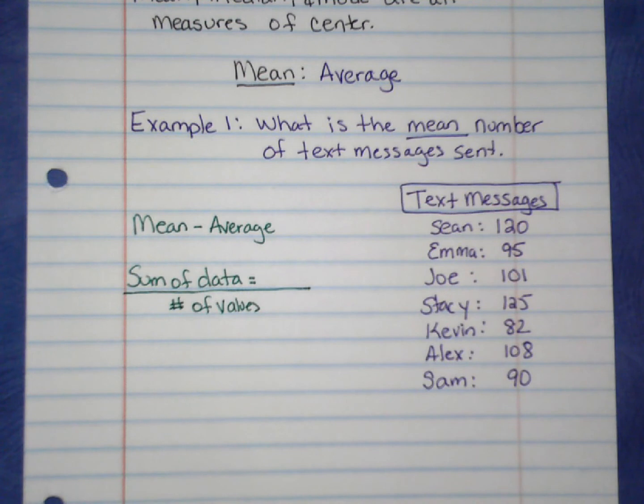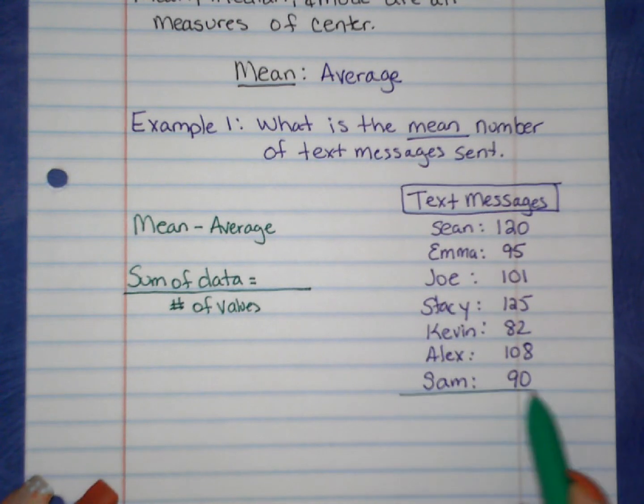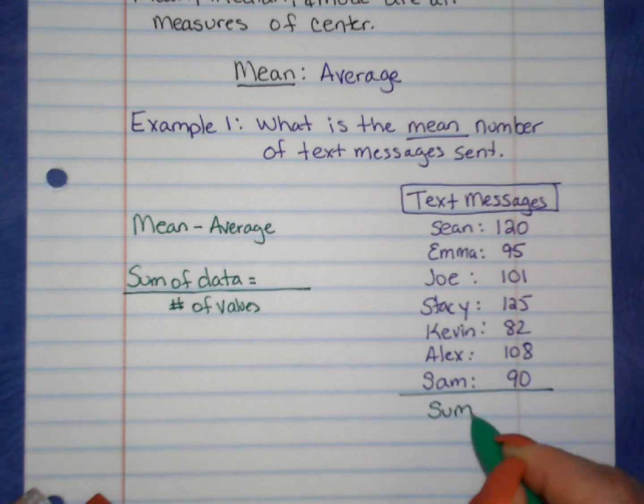Okay? So let's go ahead and everybody pause the video. You can either stack them neatly and add them. You can use a calculator. That's okay. You can add them all. Go ahead and pause the video and find the sum. If you add all of these up, the sum is what you're going to get.